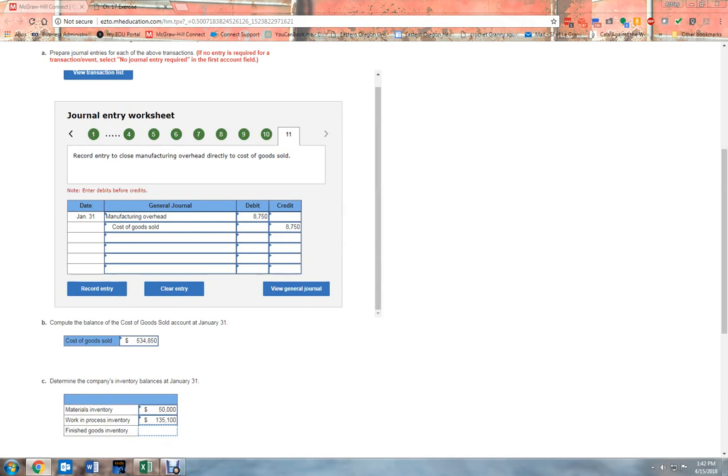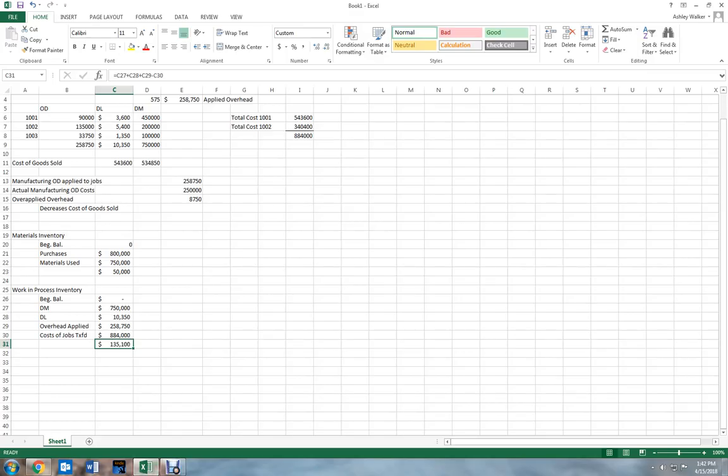So now finished goods. Finished goods is a little easier. 1001 and 1002 were the only ones transferred out of work in process. All right, so our beginning balance here again is easy. Format these. So it was 0.